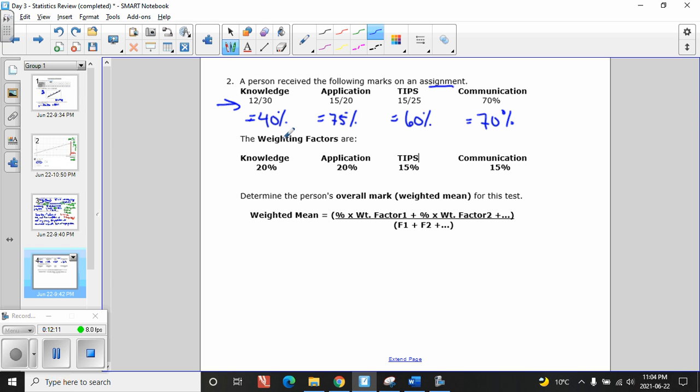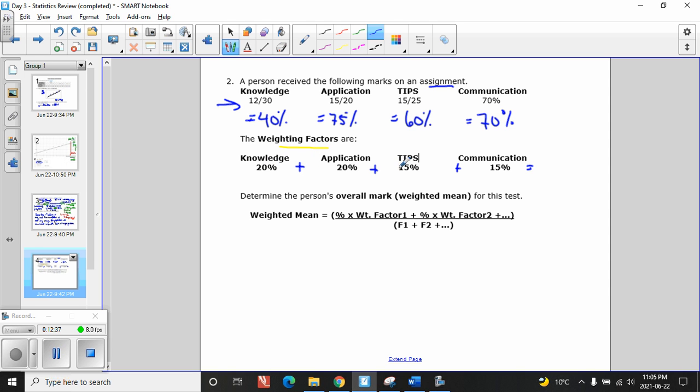Okay, next part of this scenario says that there are weighting factors that are going to be applied. The knowledge section and application section are worth 20%. Thinking and communication are both worth 15%. So these ones, I'm just curious, but these add up to not 100%.